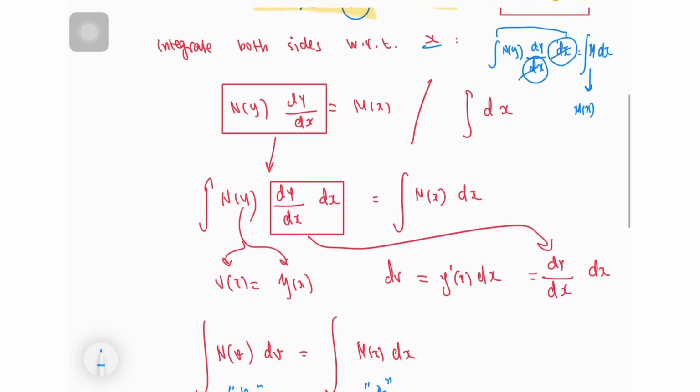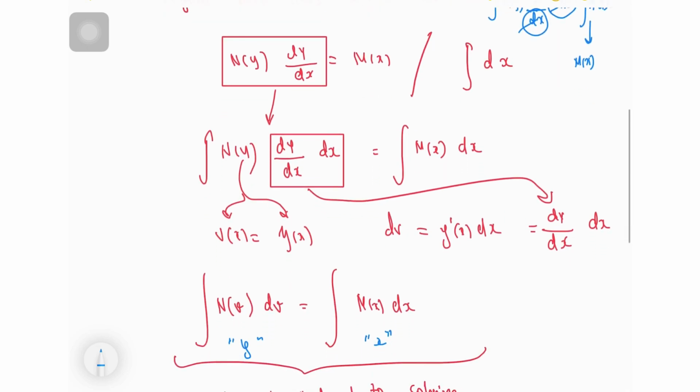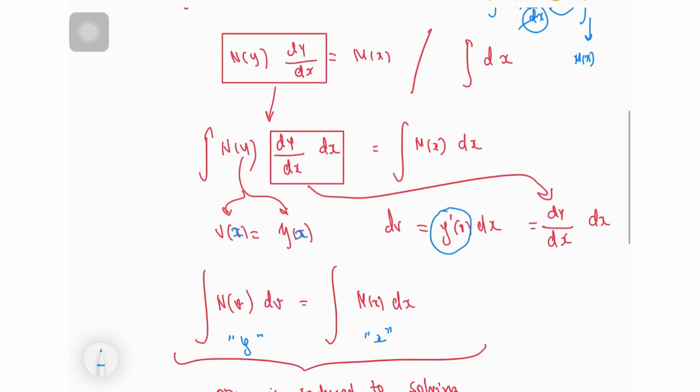But another way to do it is actually just to introduce the substitution v of x equals y of x, and then have dv equals the differential of y, which is y prime of x dx, but y prime is dy over dx, times dx.